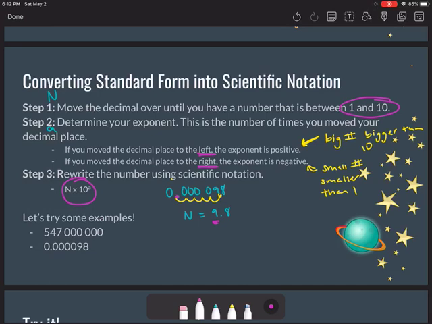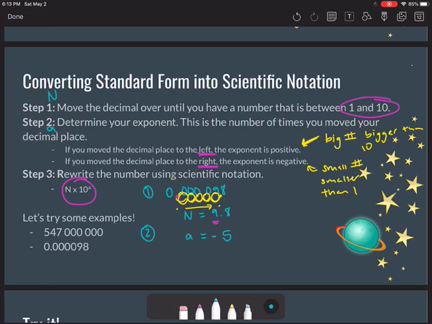All right. Step 2. We are going to look for our a value. And remember, our a value is how many times we moved our decimal over. So we've moved it 1, 2, 3, 4, 5 times. So we're going to have a is equal to 5. And is it a positive or a negative? Well, we did move the decimal place. We started over here, ended over here. We moved it to the right. So it will end up being a negative 5.